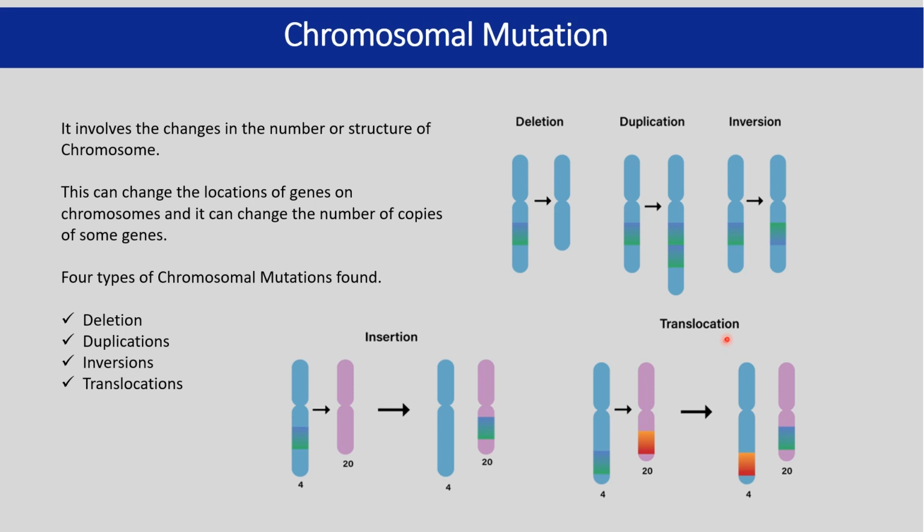In translocations, a chromosome can exchange certain portions of itself with some other chromosome. Like here you can see this is before the translocation, and after the translocation this chromosome has taken this portion of chromosome 20, and chromosome 4 has received some portion of chromosome 20. So these are at the chromosomal levels.